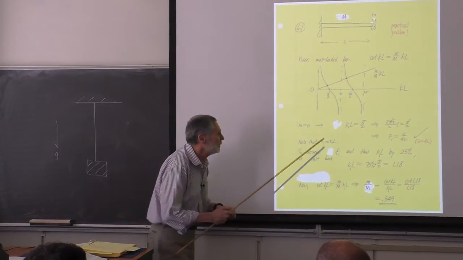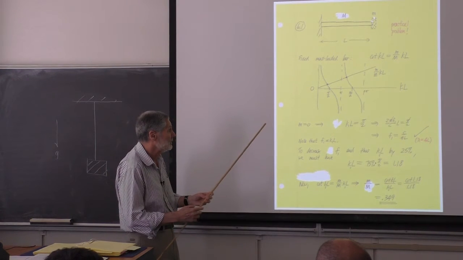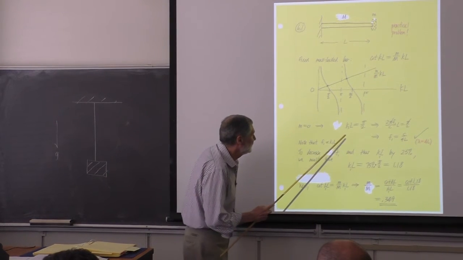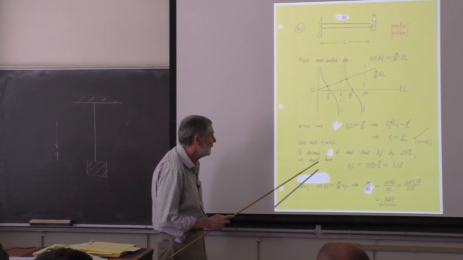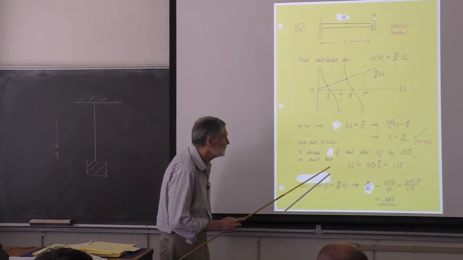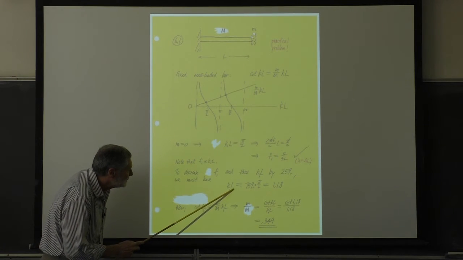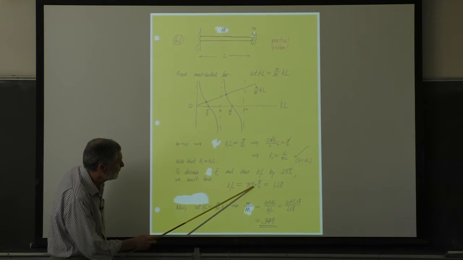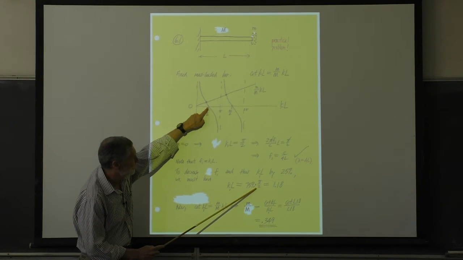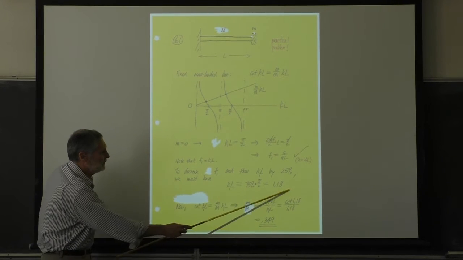So what we want to deal with here is KL. That's our natural dimensionless quantity. To drop the frequency by 25%, I want to drop KL by 25%. So my desired KL value is going to be 75%, 3/4, of the solution of the free bar, pi over 2. This is the key step here.